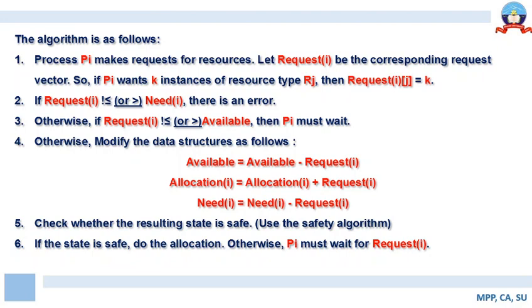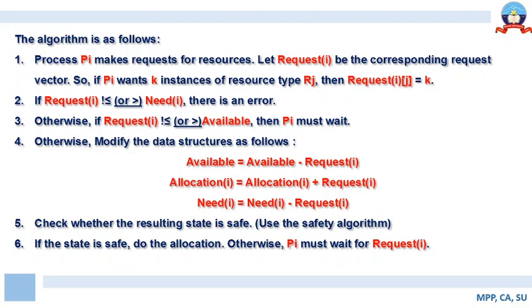If Request of i is less than or equal to Available, that means the request can be catered to by whatever is available in the system, then we proceed with a sequence of steps. We make Available equal to Available minus Request. Allocation will be Allocation plus Request, because we are allocating the requested number of resources to the process.